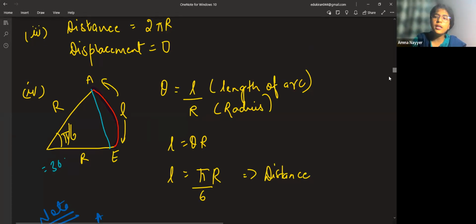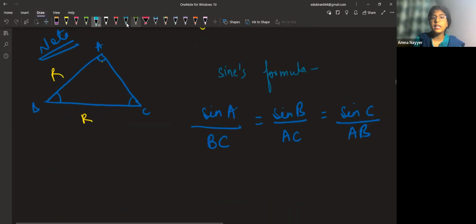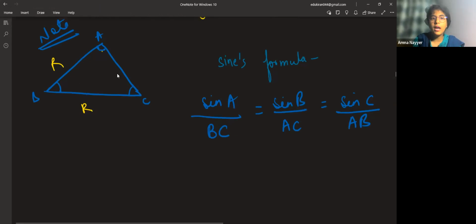There is one formula which is known as the sine formula. In the sine formula, you have 3 angles and 3 sides. So sine of A divided by the opposite side BC is equal to sine of B divided by the opposite side AC, which is equal to sine of C divided by the opposite side AB. This is a relation.